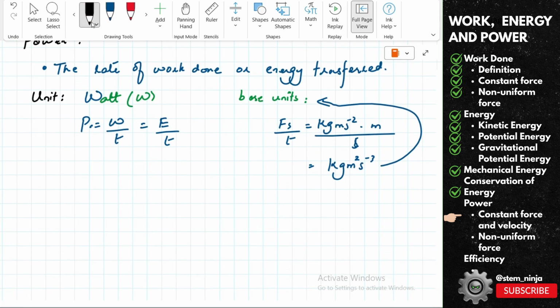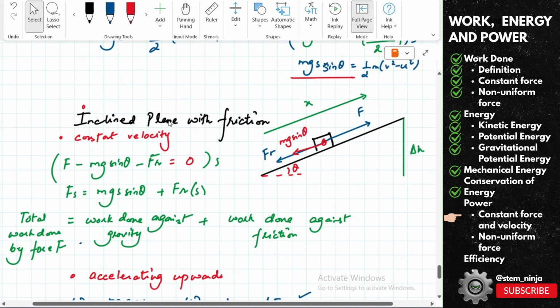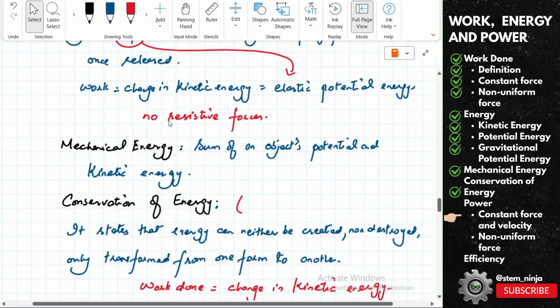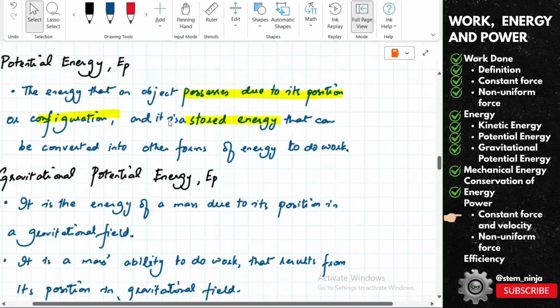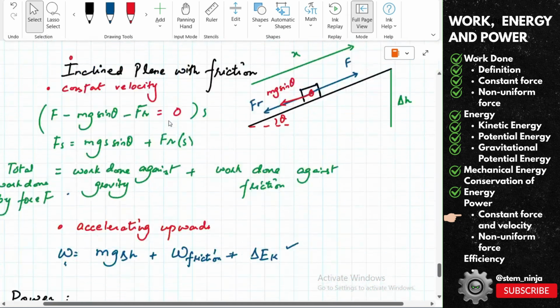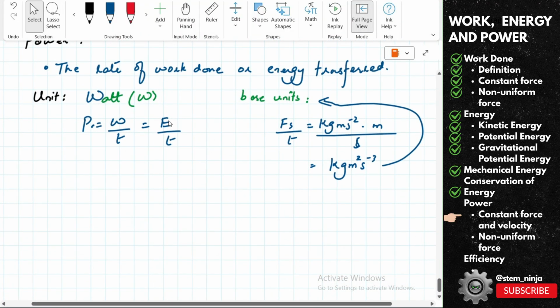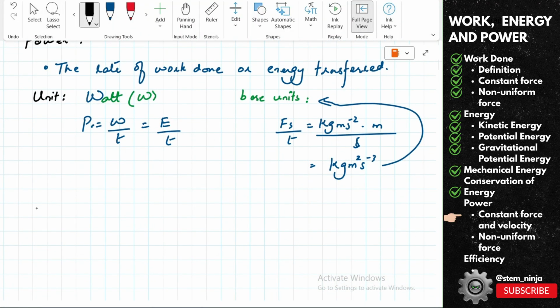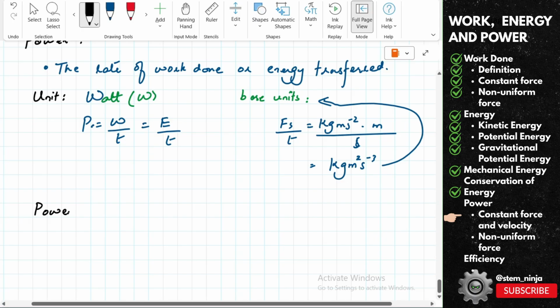Okay. Now, if again we had different cases over here where the force is constant, where the force is not constant, the same definition, same methodology could be applied to power also. So power when force is constant.